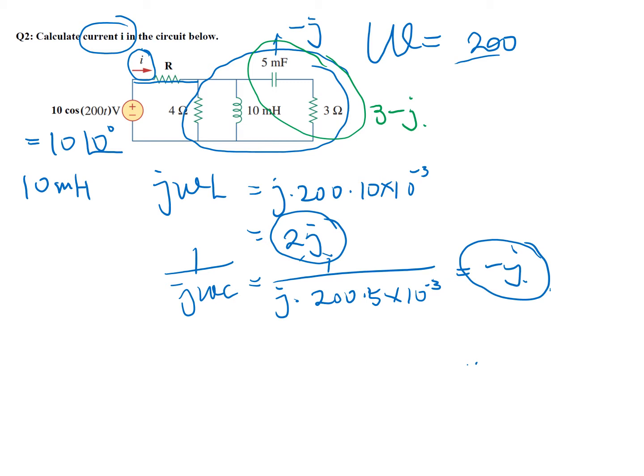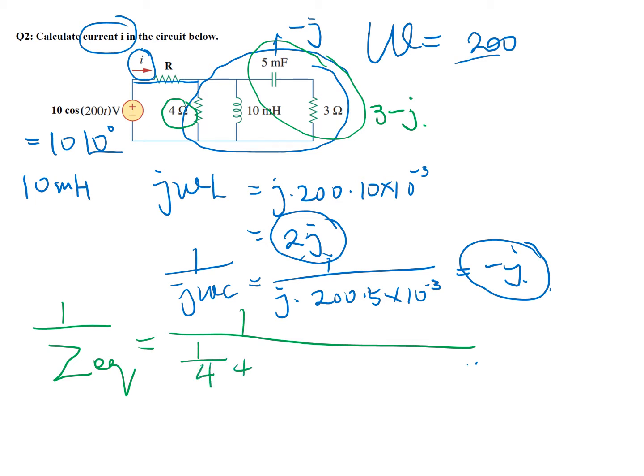So 1 over Z equivalent is equal to 1 over the 4 ohm plus 10 millihenry inductor, that's 1 over 2j, plus these two together, 1 over 3 minus j.